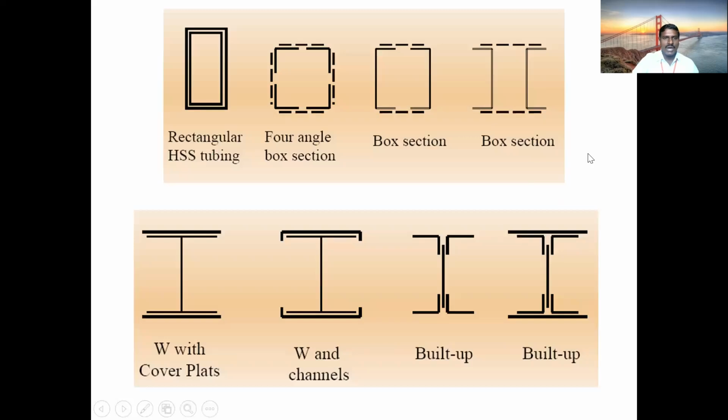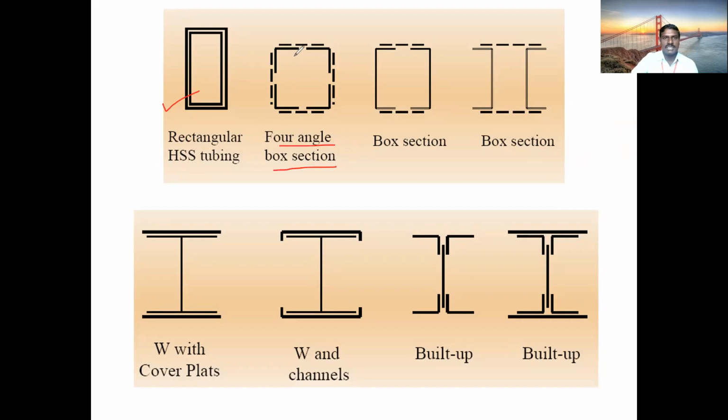Yes, sir. So again, such situations, such conditions or such shapes we can use, because heavy load is coming on the column. Heavy load is coming on the column because the whole building load is coming on the column, and finally that column is transferring load to the foundation. So here such a hollow rectangular tube is there, then a 4 angles box is there.